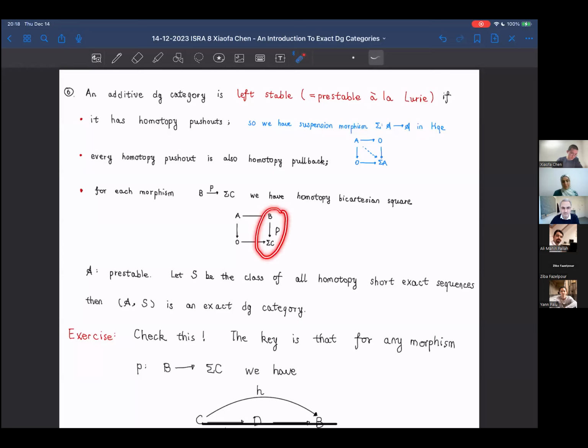I don't know why this morphism will have a kernel here. Honestly, I don't know the answer, but thank you for the question. I think these two will hold, but I don't know this one.